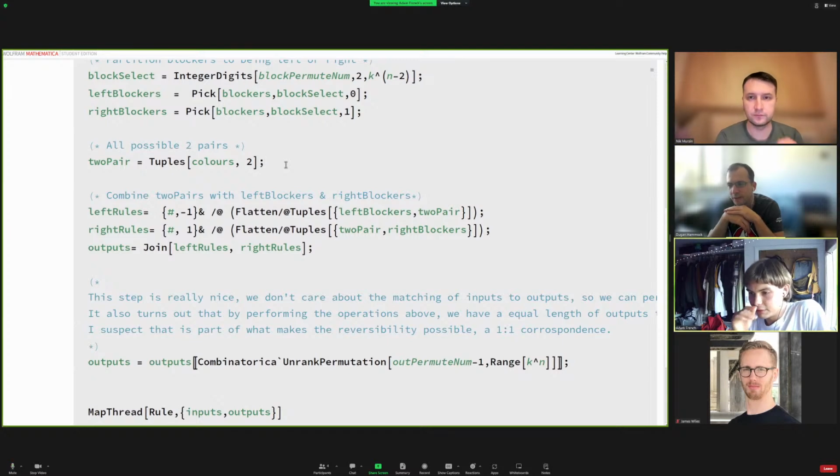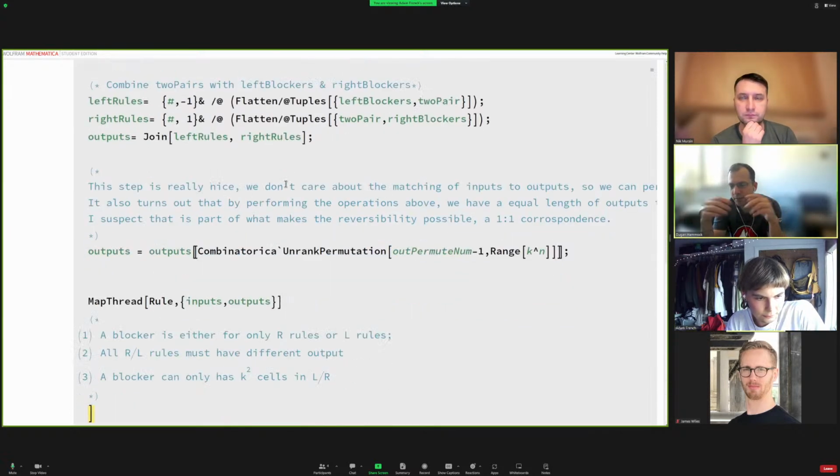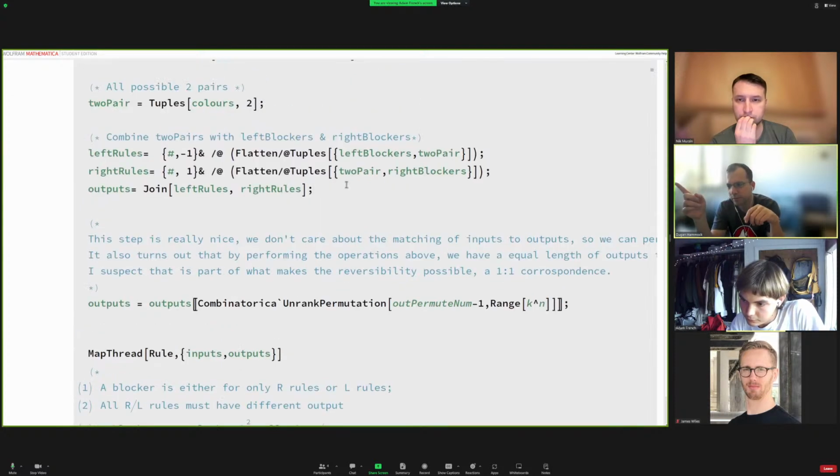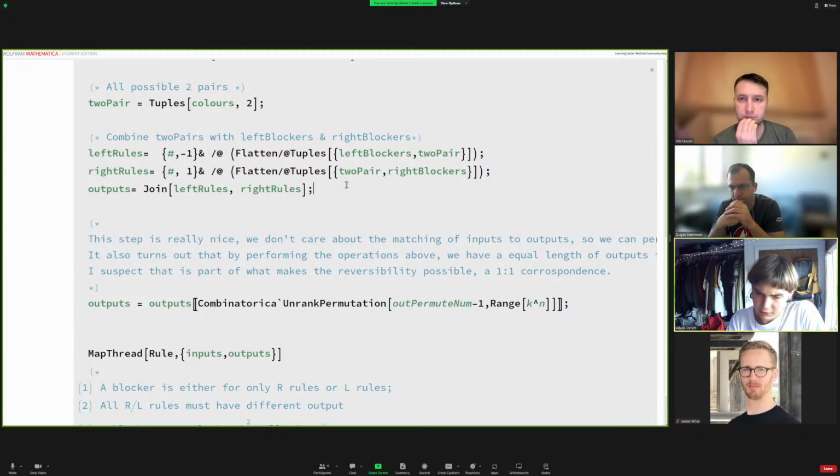Yeah, exactly. And then you would have a choice of what that left rule would be if it's white, and then the black one would have to go left. Yeah, the coloring of the blocker would dictate whether you came from the left-hand side or the right-hand side.